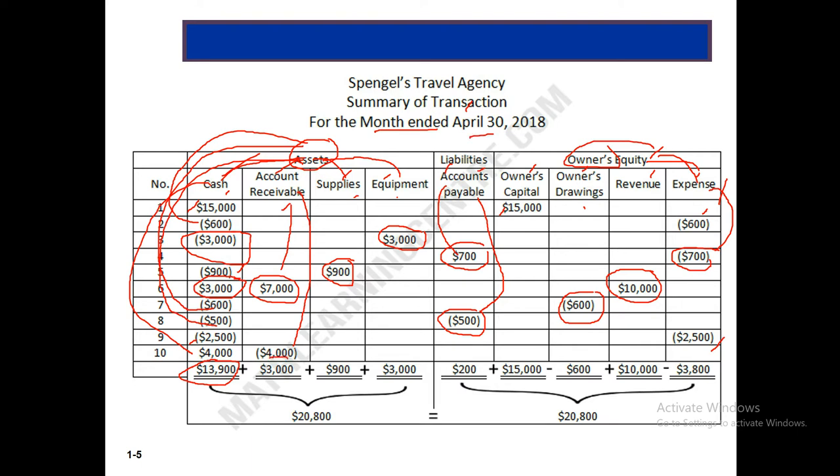These are the 4 types of assets, and liabilities only one, that means 200, and this is the owner's equity side: owner's capital balance, drawing balance, revenue balance, and expenses balance. So in total this will be $20,800 and here $20,800. Both sides are equal. So assets equal liabilities plus owner's equity, the basic accounting equation, where both sides will be equal.